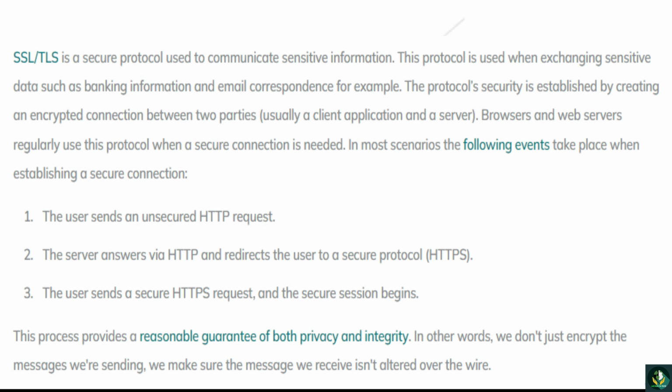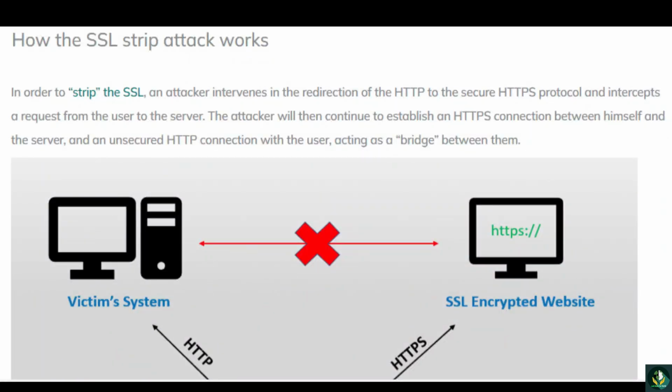In other words, we don't just encrypt the messages we're sending, we make sure the message we receive isn't altered over the wire. And SSL stripping, or SSL downgrade attack, is an attack used to circumvent the security enforced by SSL certificates on HTTPS enabled websites.